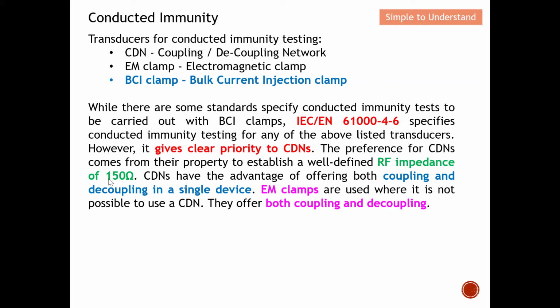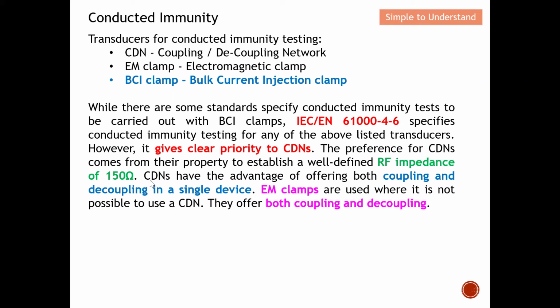In this video, I will also discuss a little bit about this RF impedance of 150 ohm for the CDN. Because CDN gives a very well-defined impedance, your result will be consistent. Hence, CDN is always the preferred method, as mentioned here.